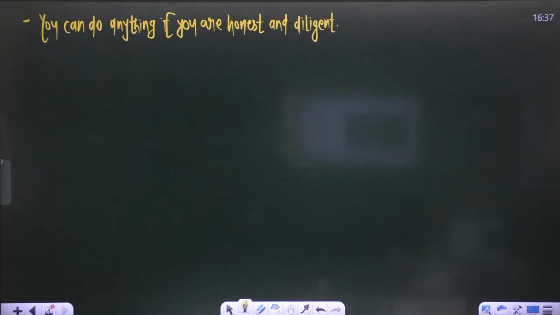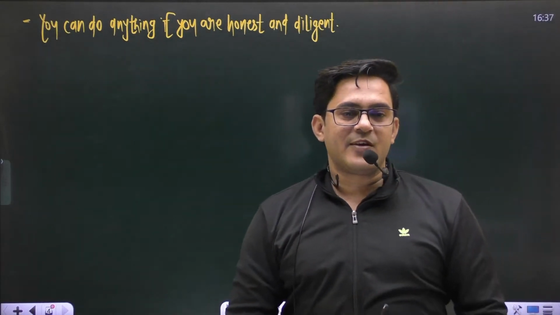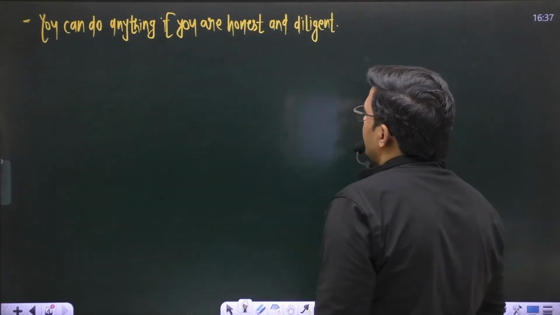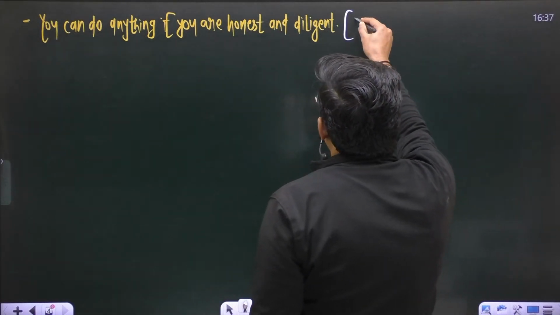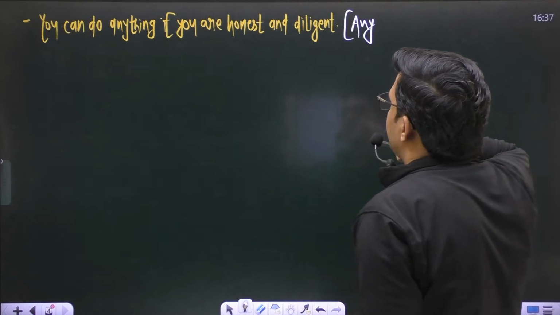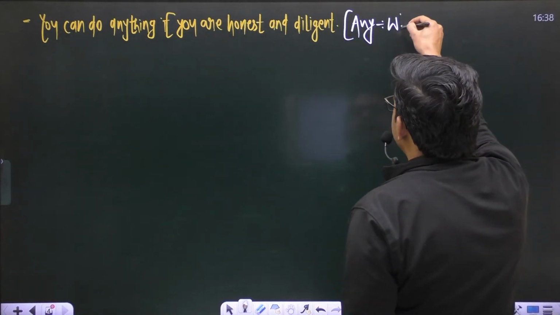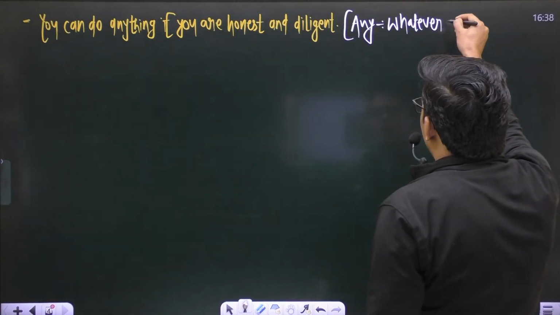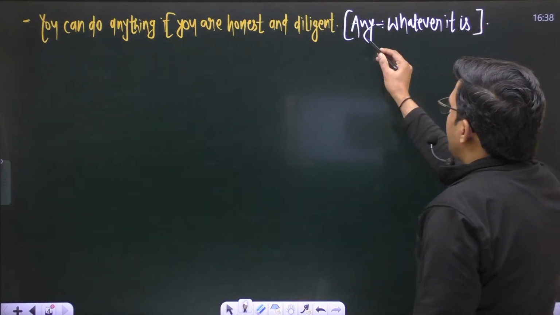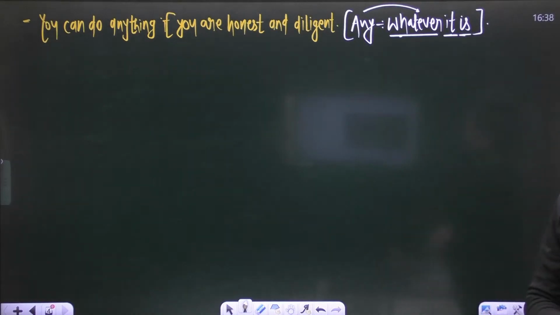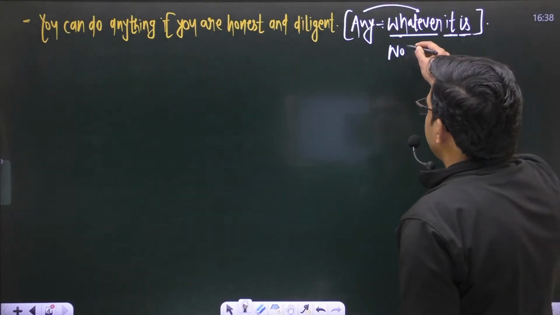You can do something if you are honest and diligent. Okay. Remember one thing, Rushabh. If you talk about any, this determiner shows the sense of whatever it is. It is also used to show the sense of no matter what it is.